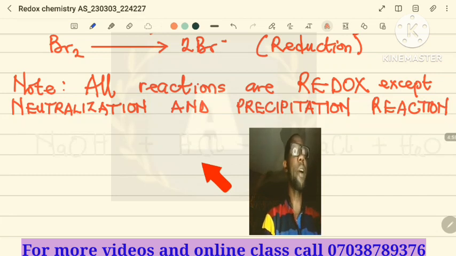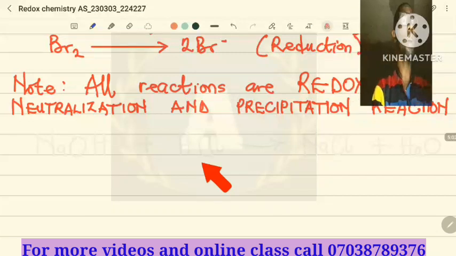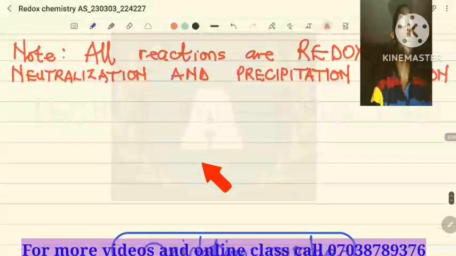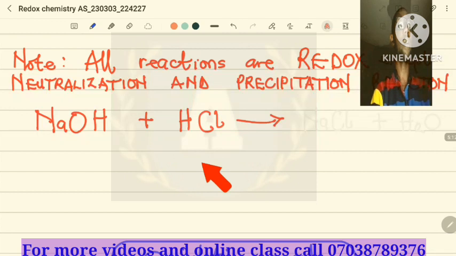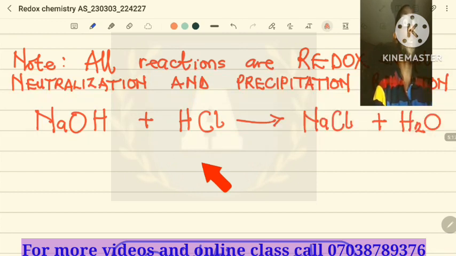So precipitation reaction is not a redox reaction. Neutralization reaction is not a redox reaction. Now let's look at the reaction between sodium hydroxide and hydrochloric acid. Sodium hydroxide and hydrochloric acid will produce sodium chloride and water. That's a neutralization reaction. This is a base, this is an acid, while this is salt.